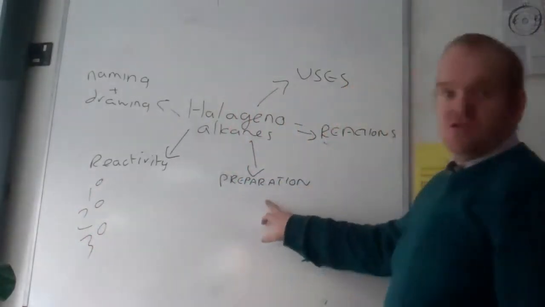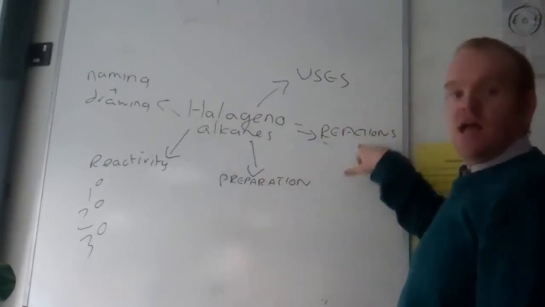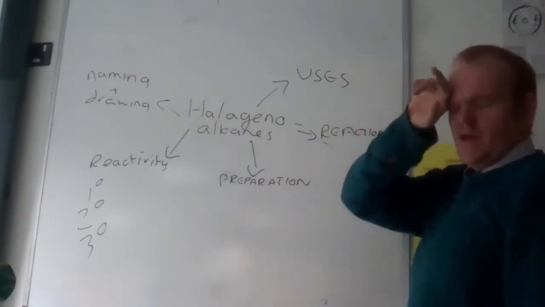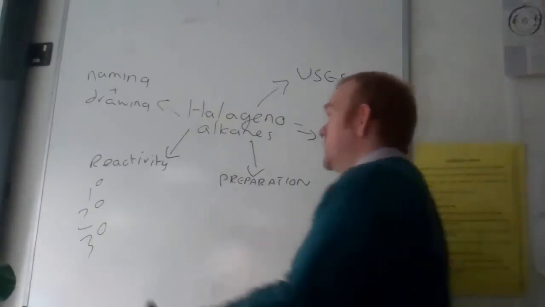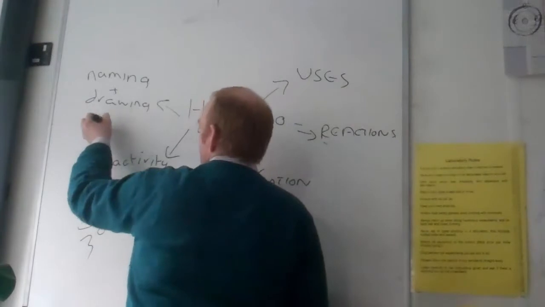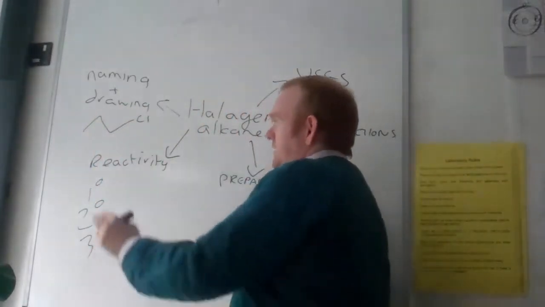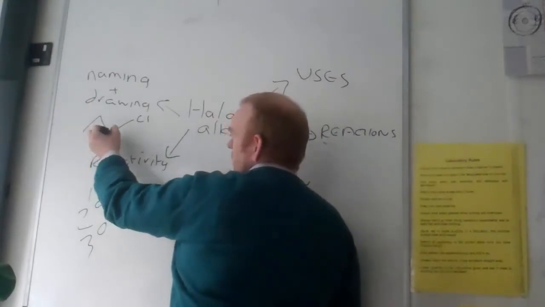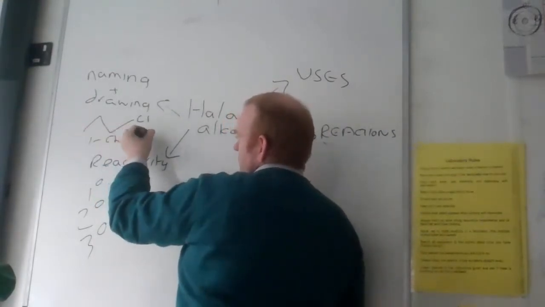Okay, look at the preparation, how we actually make halogenoalkanes, the reactions and their uses. Okay, so in naming them we use the IUPAC nomenclature. So in this case, for example, if I had this molecule that's 1, 2, 3 carbons, that would be 1-chloro, because it's on the 1 position, and it's 3 carbons long, so it would be propane.